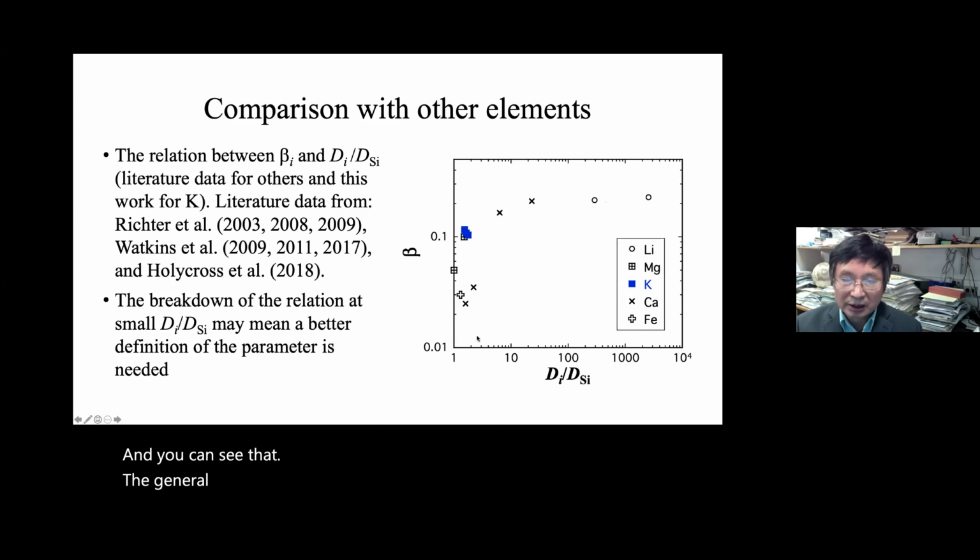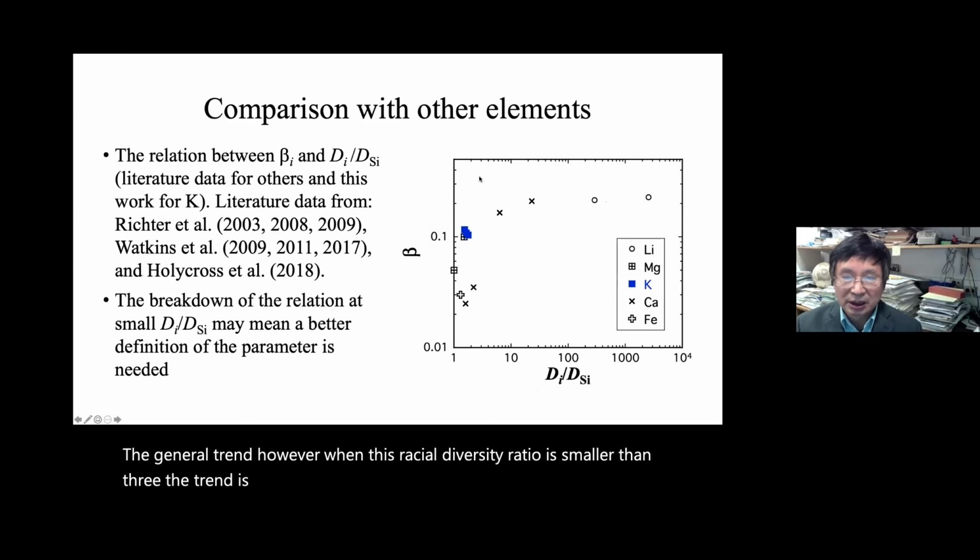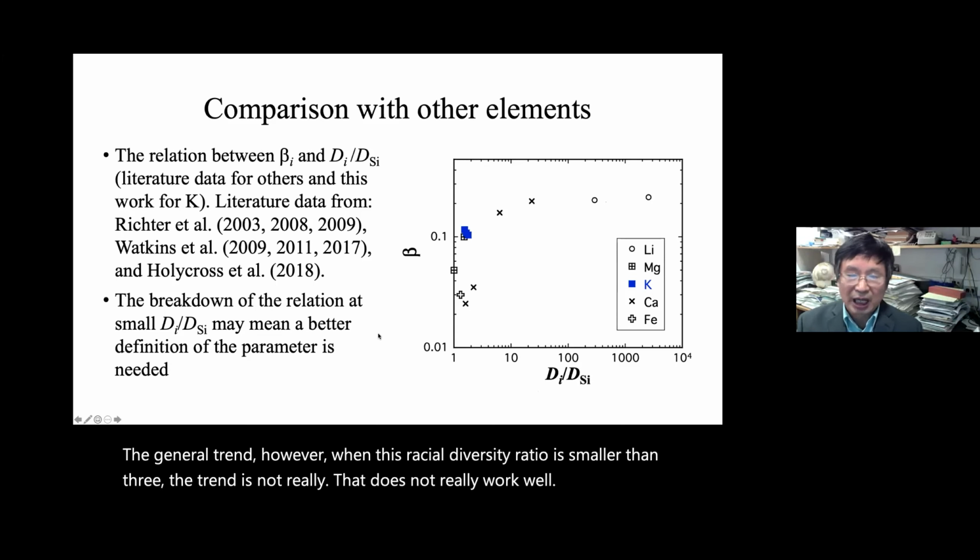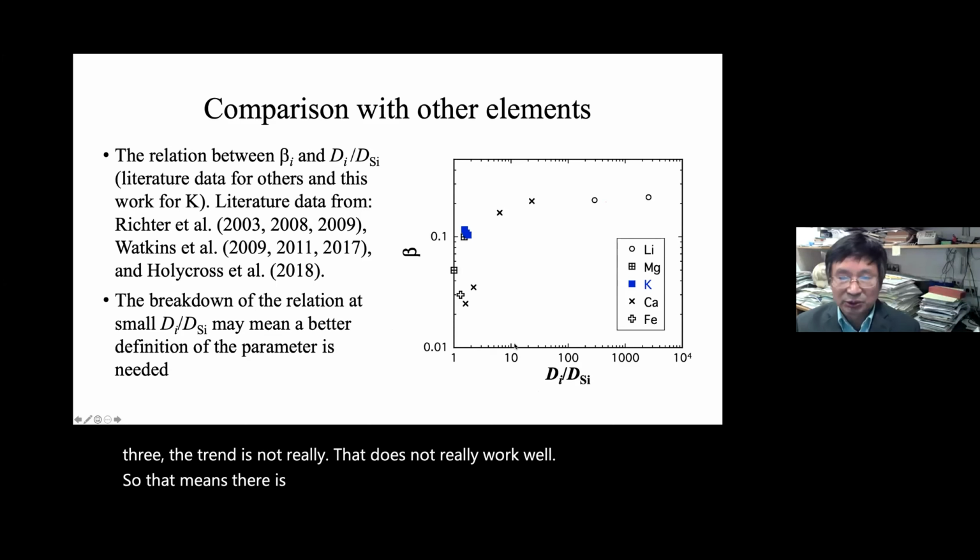However, when this diffusivity ratio is smaller than 3, the trend does not really work well. So that means there is still something we need to figure out, how to understand this part of the data.